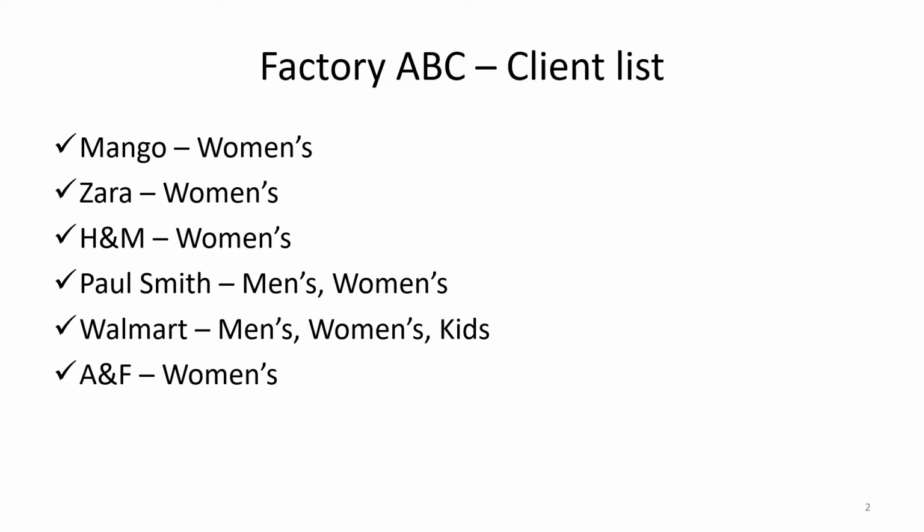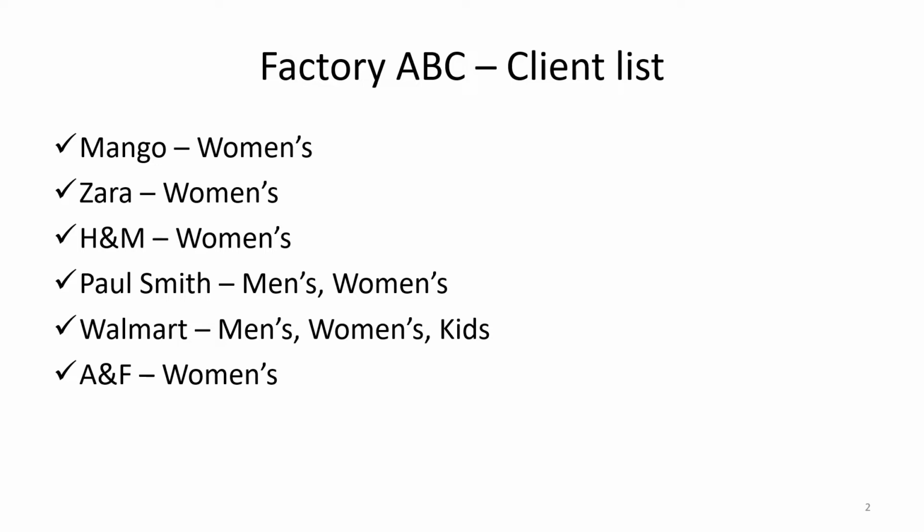But eventually, after you've been doing women's wear for Paul Smith or Walmart for a long time, you also get inquiries from the buyer, the client, saying, why don't you also do menswear? We'd like to give you the orders. You gradually develop your men's production capability, and over a period of time you add menswear, and once you've done that you may also add kidswear.